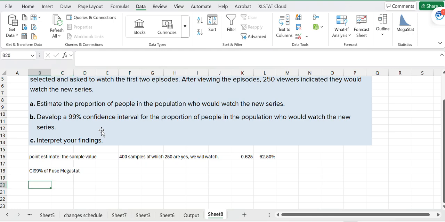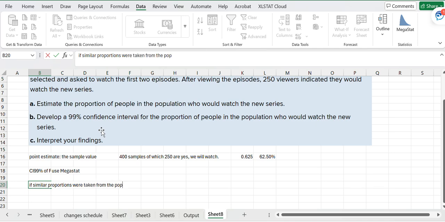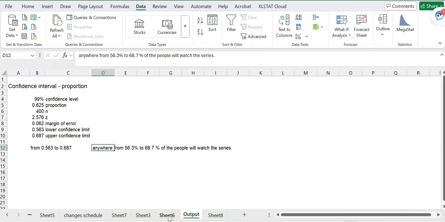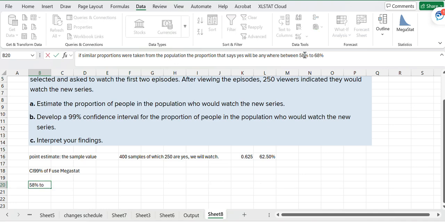What is the technical way of interpreting it? The technical way is if similar sized samples were taken from the population, then the proportion that says yes will be anywhere between 56% and 68%.